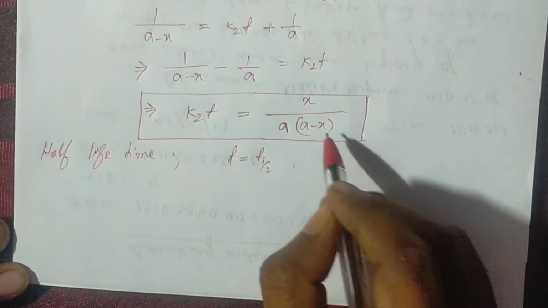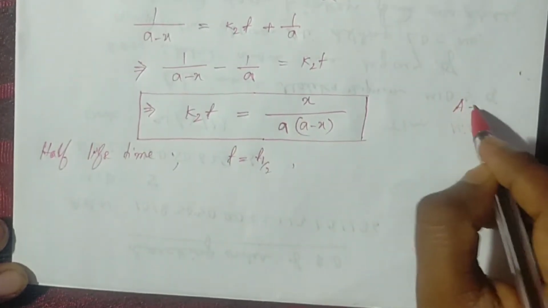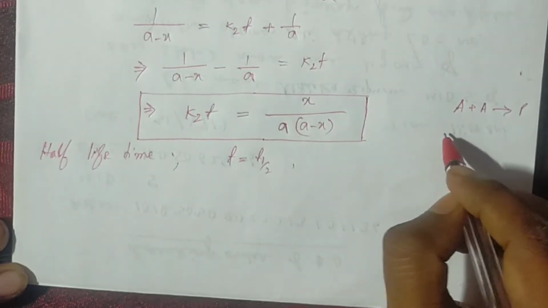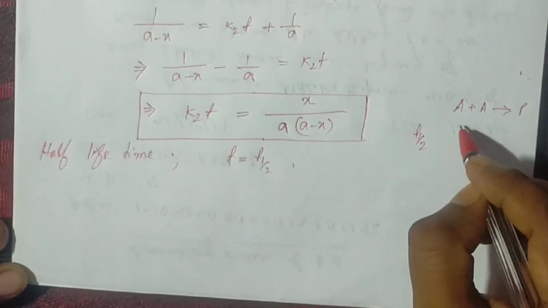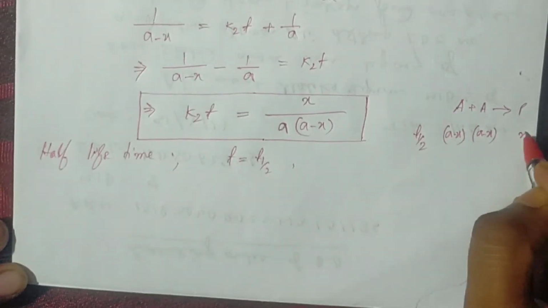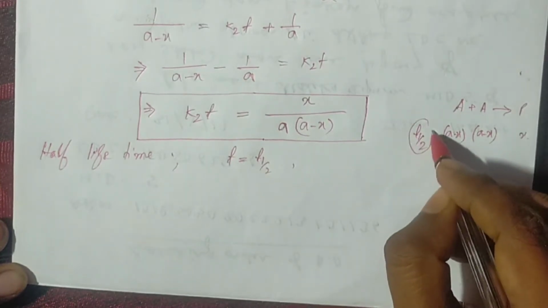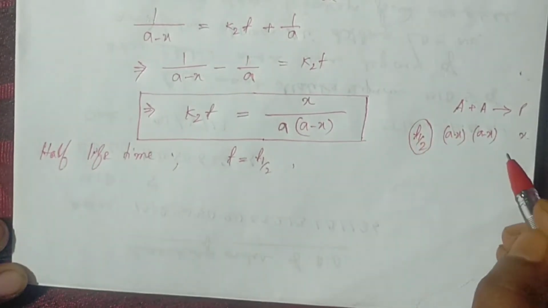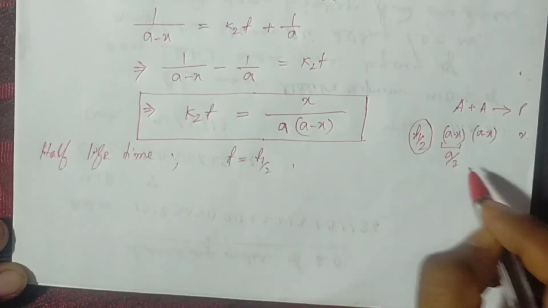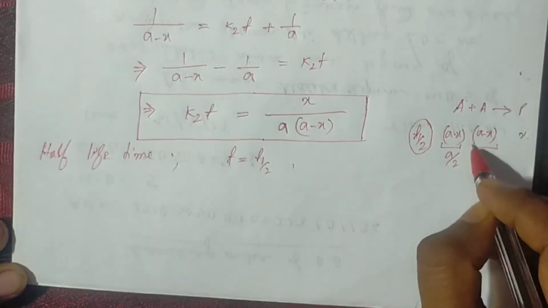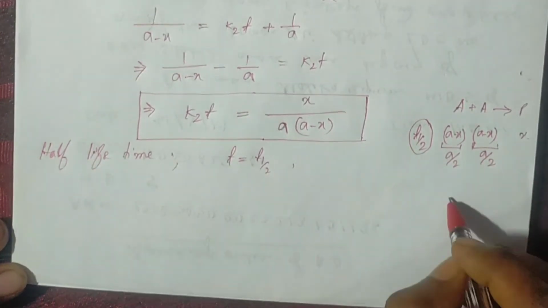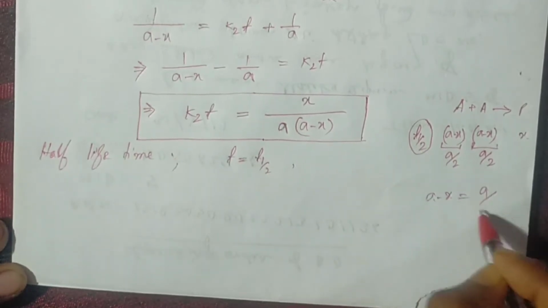As the reaction was a plus a giving p, at time t, that means t half, it will be a minus x and a minus x, and x for the product. At t half, the half-life time of second order reaction, each a minus x part will be equal to a by 2. That means a minus x is equal to a by 2.